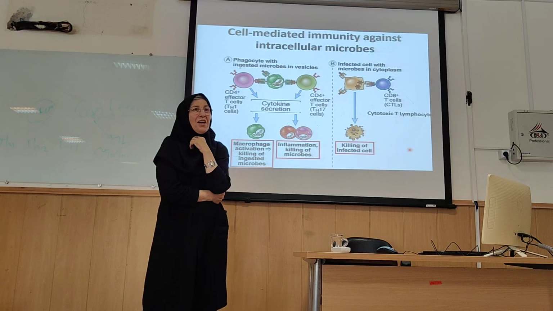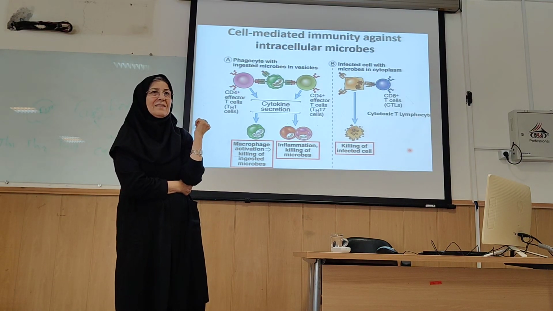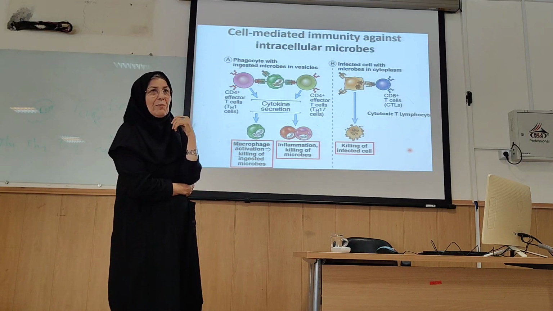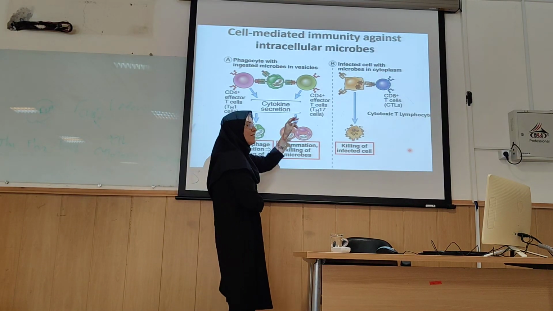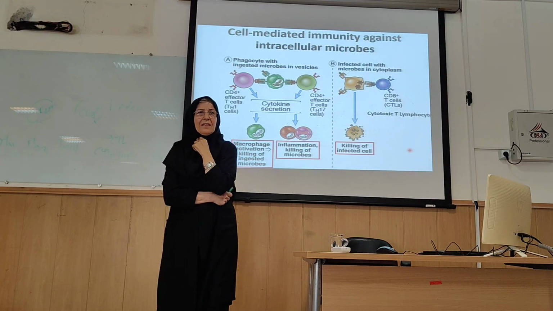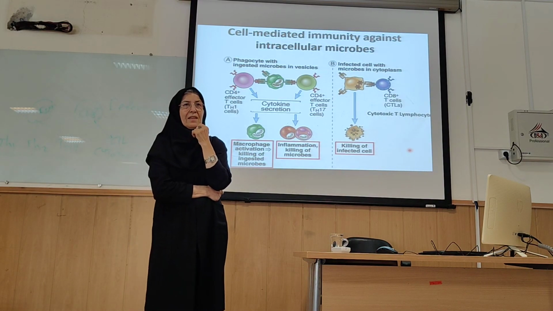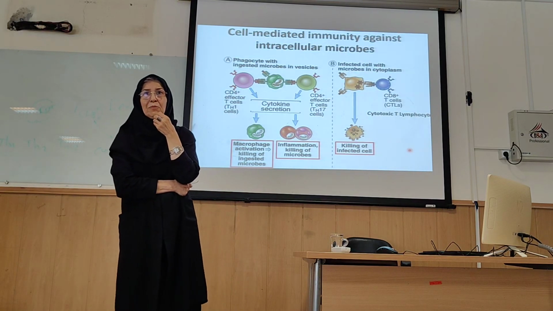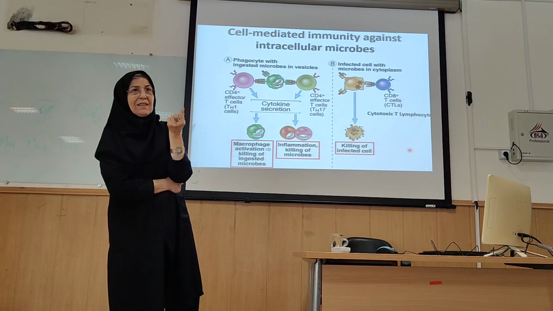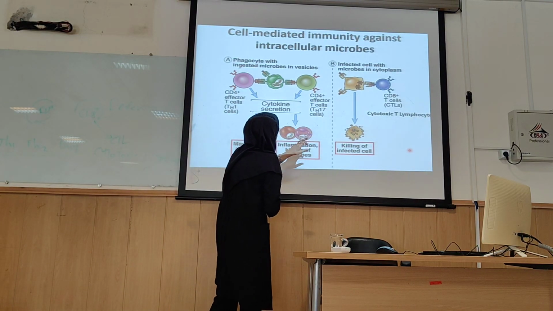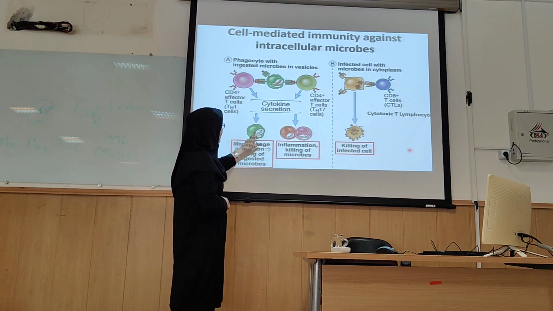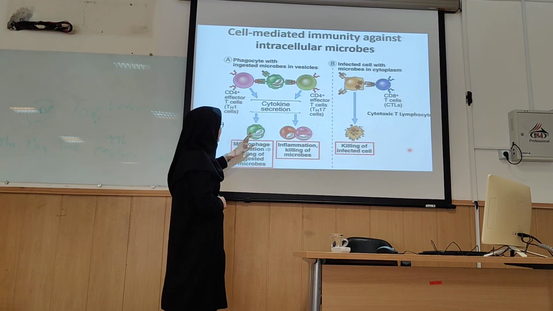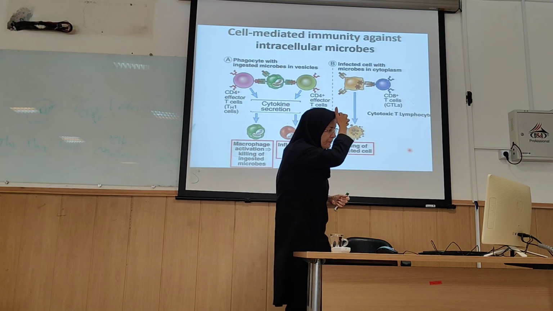Interferon gamma. And by T helper 17 cell? Interleukin 17. These cytokines can activate granulocytes, neutrophils, eosinophils, and also macrophages.